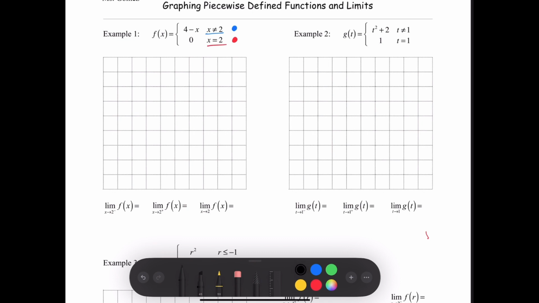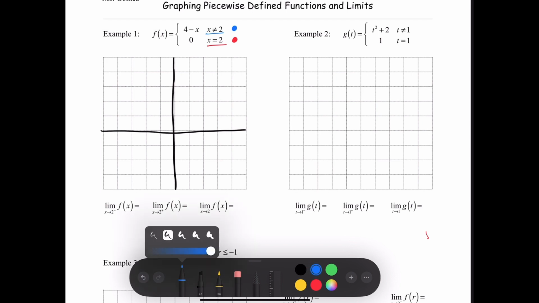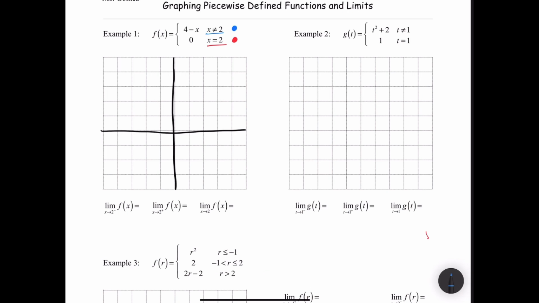So I'm going to start by graphing here on an xy axis. This is going to be my x-axis and my y-axis. And so I know that for 4 minus x, this is the same thing as just a linear line, except it's not written in y equals mx plus b.